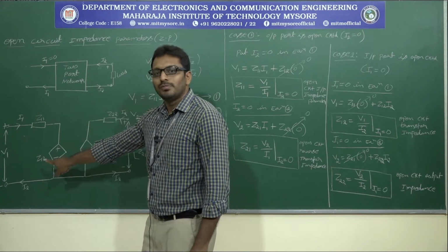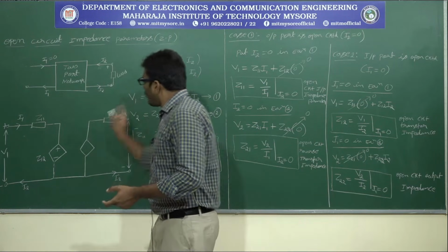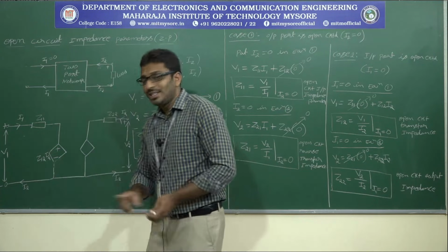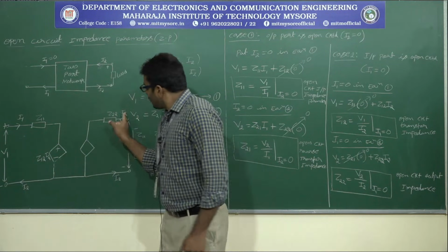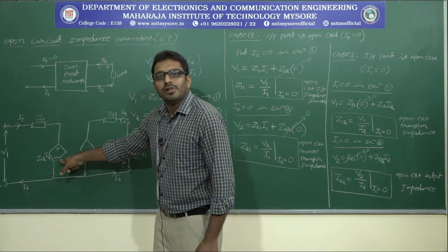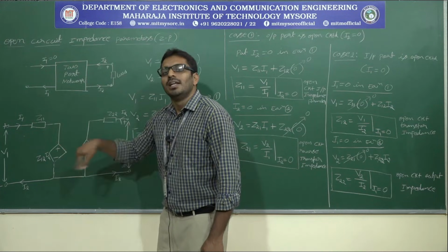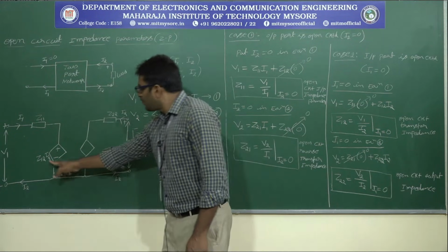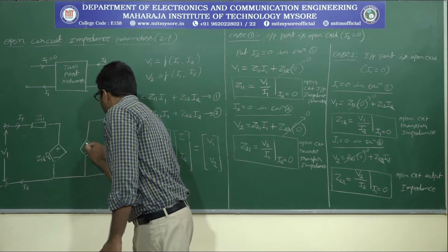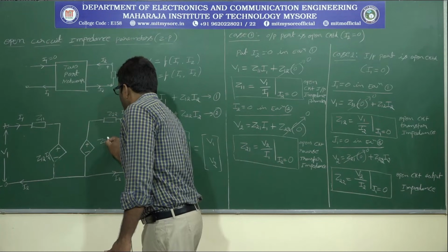A dependent voltage source means it should depend on some other variable, right? That is the output current: Z12 into I2. This voltage source is a dependent voltage source that depends on output current, an output current dependent voltage source. Similarly, this is also a dependent voltage source. This one is Z21.